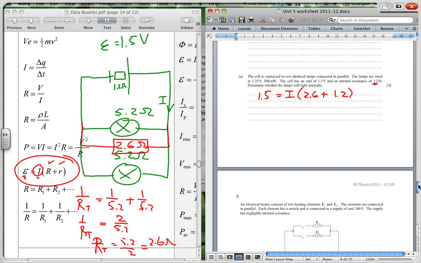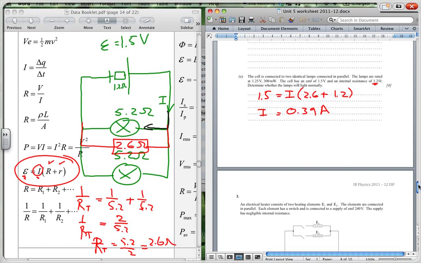That's for my internal resistance, and I calculate that. So I've got 1.5 divided by 3.8. So I get my current is equal to 0.39 amp.